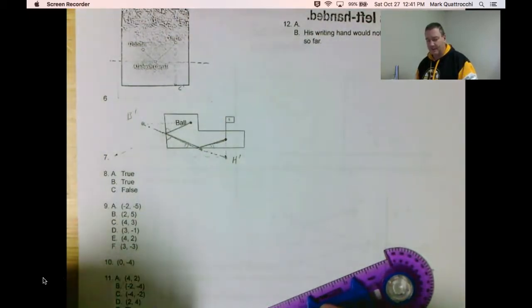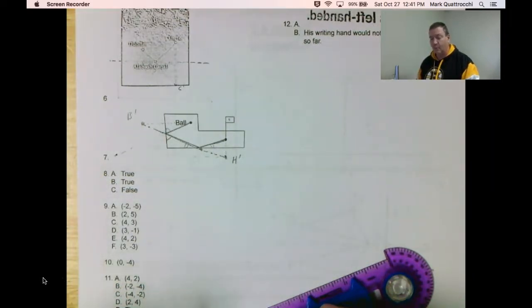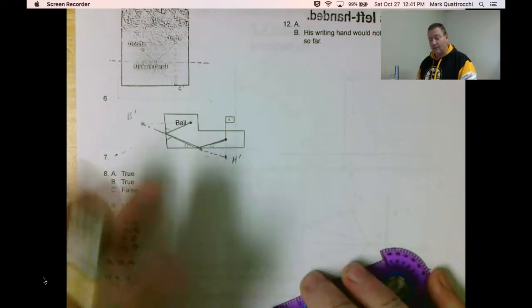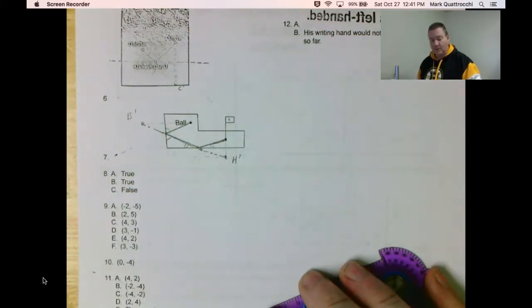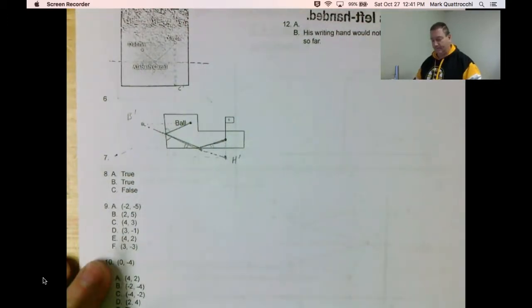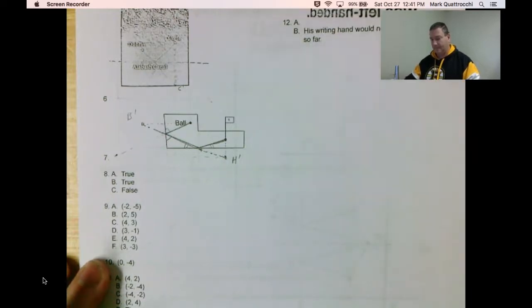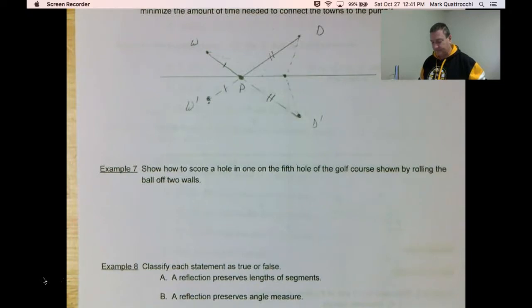There's only forward spin on the ball. Left right spin in pool would be called English. We're not putting any English on the ball, so when it hits the wall, it comes off at the exact same angle, and in the hole it goes. That's example 6.